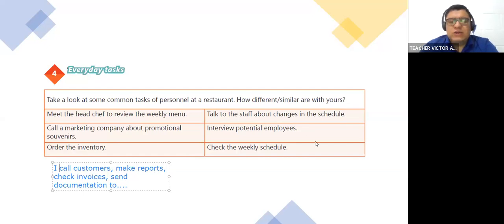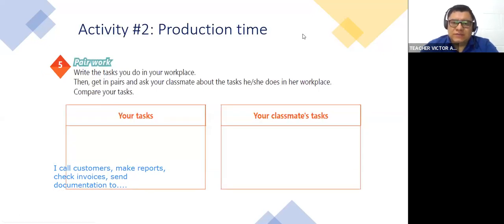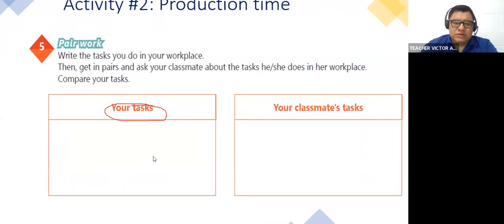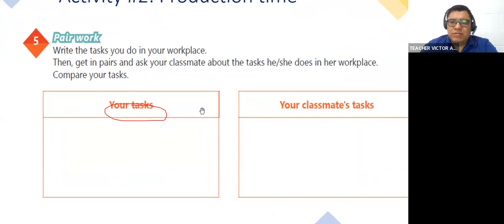Now, what I need you to do is the following, guys. We're gonna focus just on the first part over here. It says your tasks, right? So I need you to write the tasks that you do in your workplace, right? And then we will have a discussion time. So you will be working in groups. But by now, I need you to write, I will write this down over here.